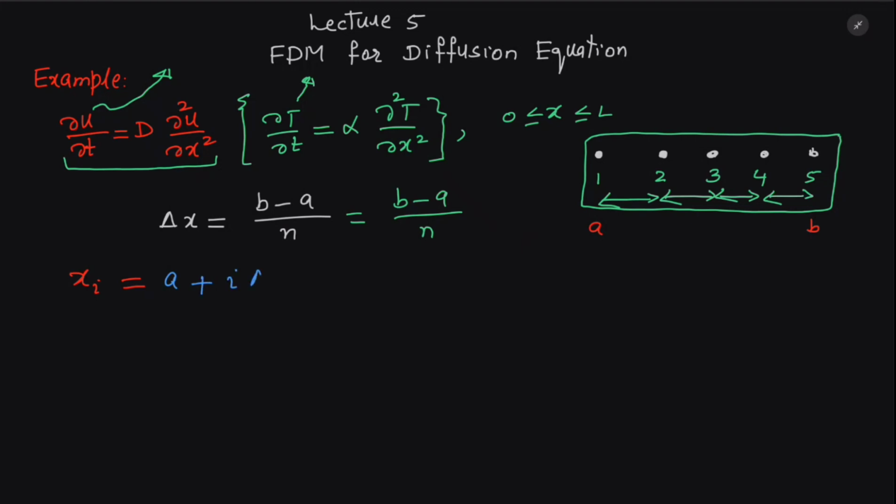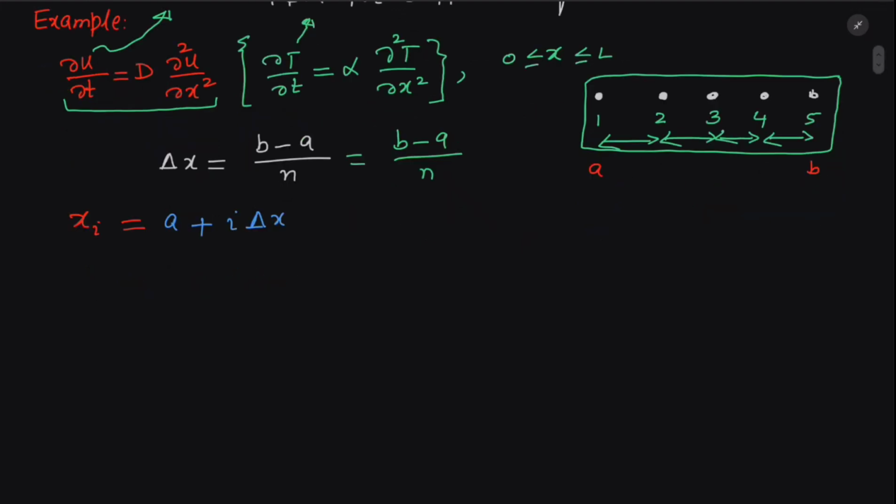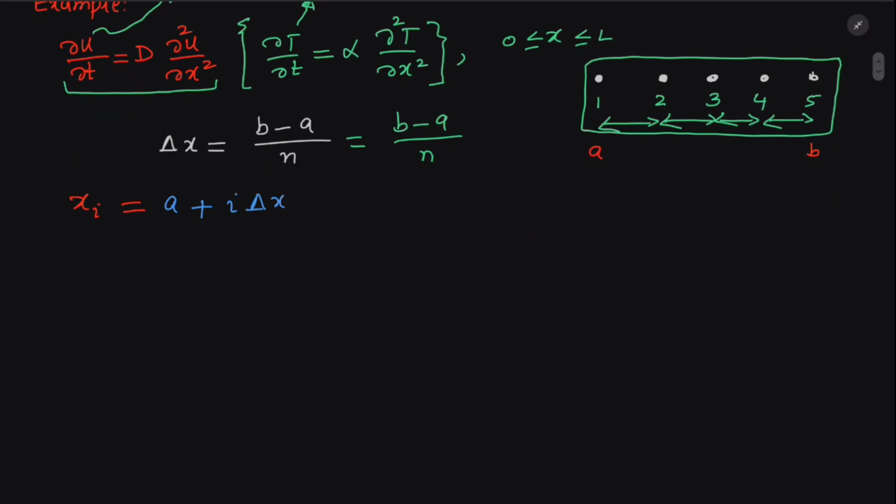If the domain is from 0 to b or 0 to L, something like that, then this a will become 0, plus i delta x.